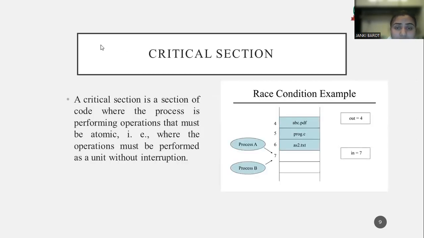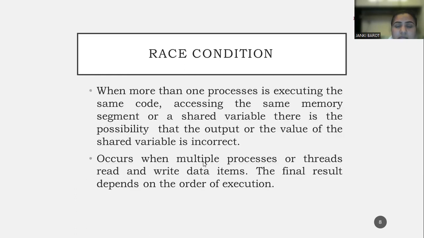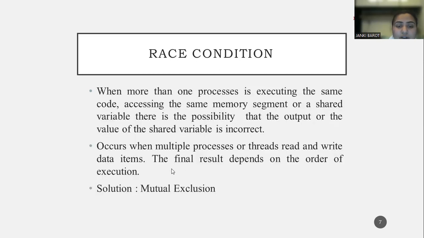Now, what is critical section? Critical section is a section of code where the process is performing operations that must be atomic, where the operation must be performed as a unit without interruption. So we find that many processes are in a race condition, and we need to find a solution.